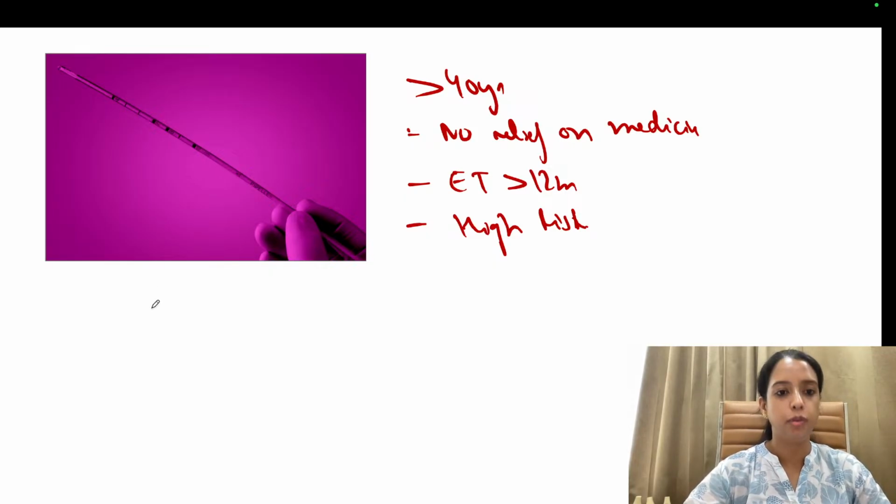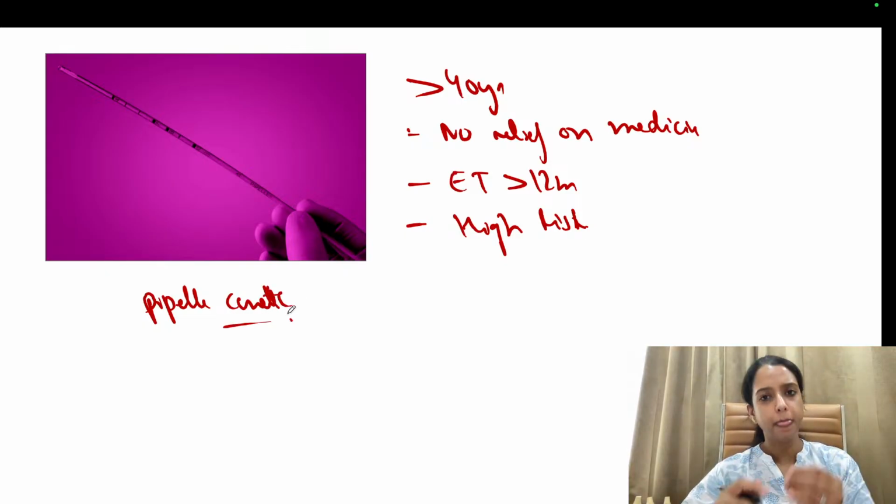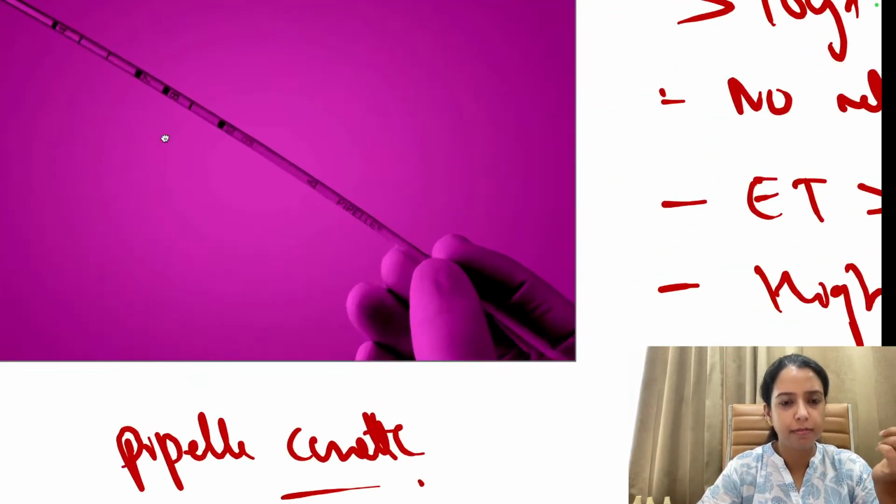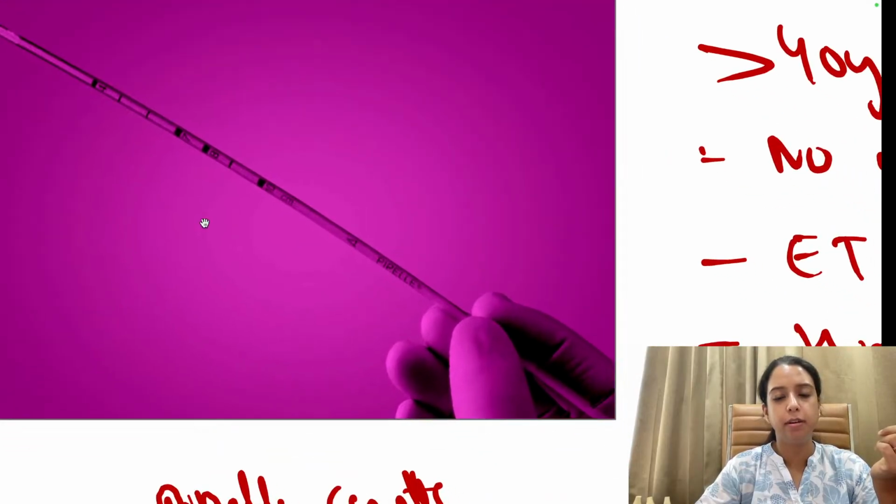It is Pipelle. Pipelle is a very thin plastic cannula where you take the endometrial sample in the OPD itself. So it's a very simple procedure. See the image. It's a small plastic cannula. Okay.